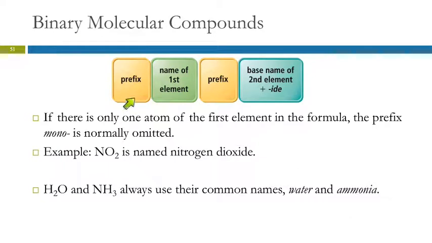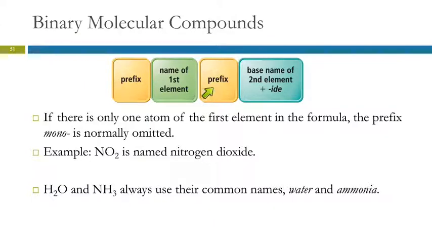So we've got a prefix and then the name of the first element, because just like the pattern with the ionic compounds, a cation doesn't change its name. Here we're pretending this one is a metal, sort of, so it's just the element name. The pattern for the monatomic anions was that they changed their name, like chlorine became chloride.